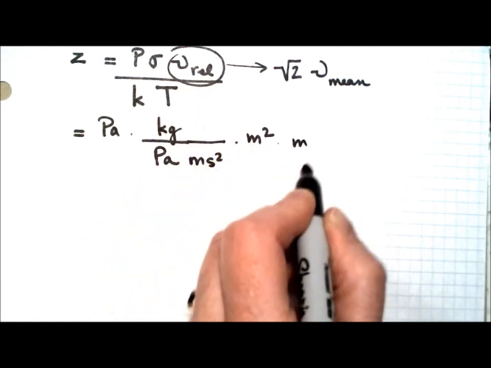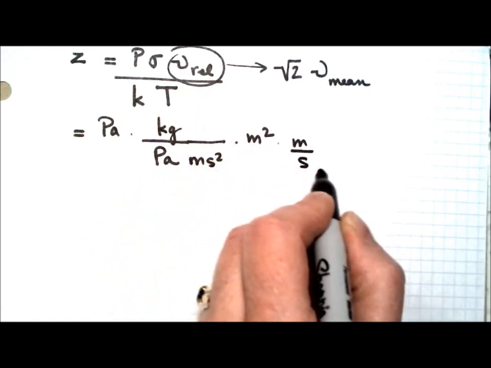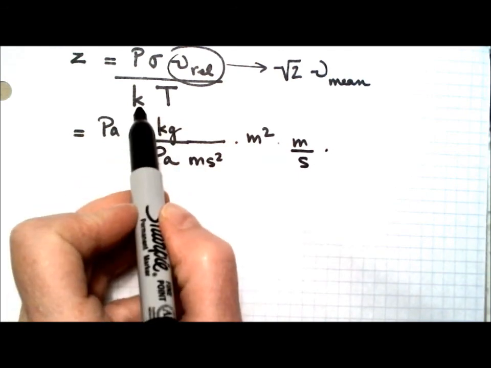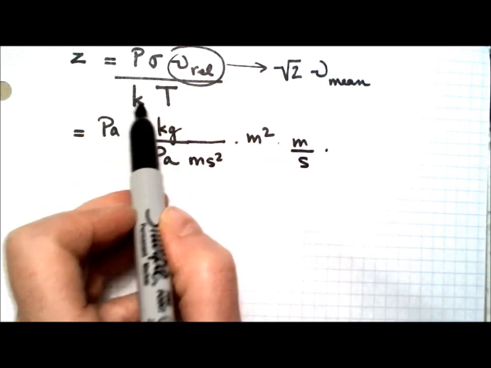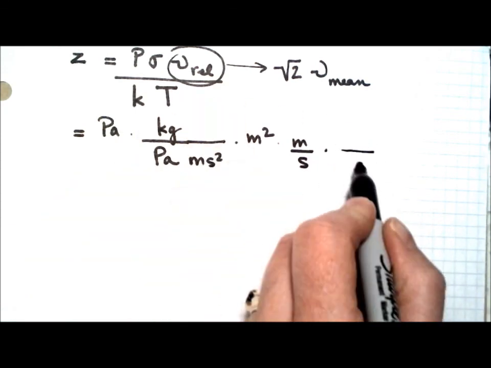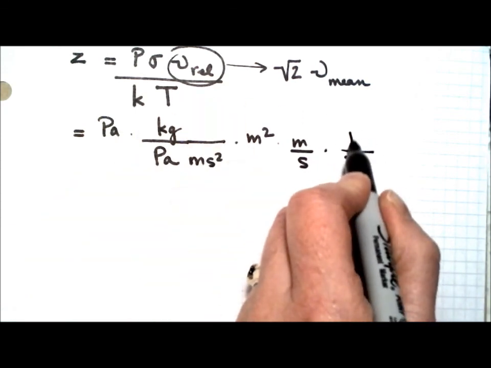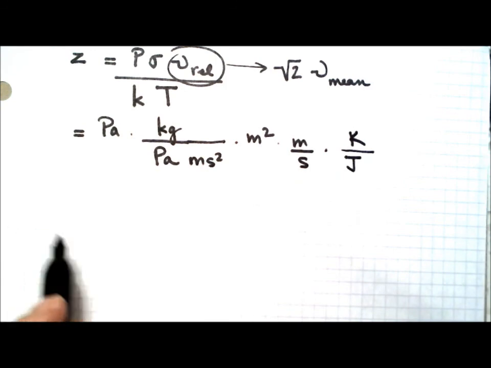In any event, that's going to be meters per second. Then divide by Boltzmann constant, which has units of joule per Kelvin. I'm on the denominator here, so that's why it's going to be written as joule per Kelvin this way.